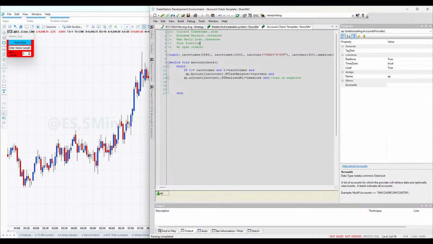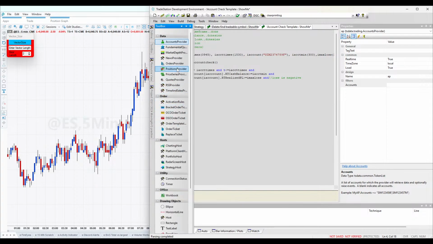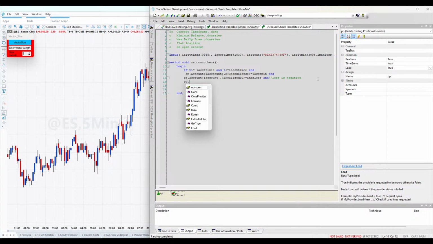Flat position. So now for flat position, I think we can use orders provider, but positions provider probably gives us a quick review. Positions provider. We don't need anything for accounts or symbols. We do want to load it. Okay, so positions provider dot.